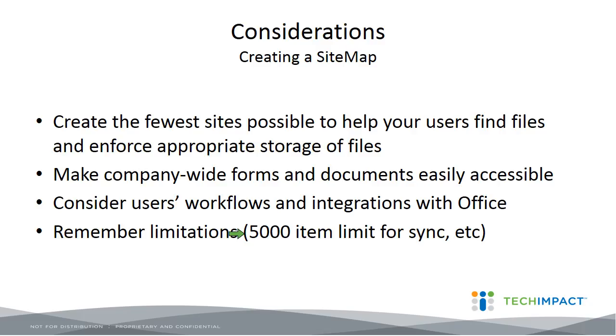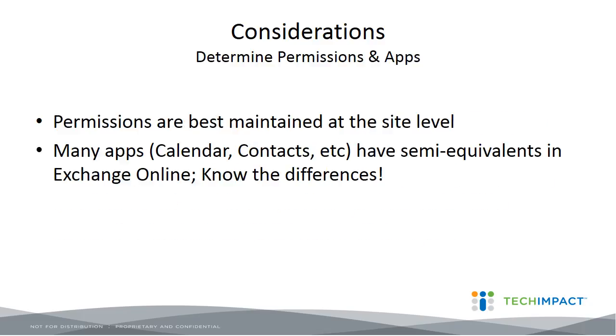Right? So if you want users who are going to be using Photoshop or Illustrator to be able to synchronize those files with SharePoint, you need to put all those files in a document center app that has fewer than 5,000 items. So again, this is where knowledge of these limitations becomes important for properly architecting things. That limit, by the way, I expect to go away sooner rather than later, but it hasn't yet.